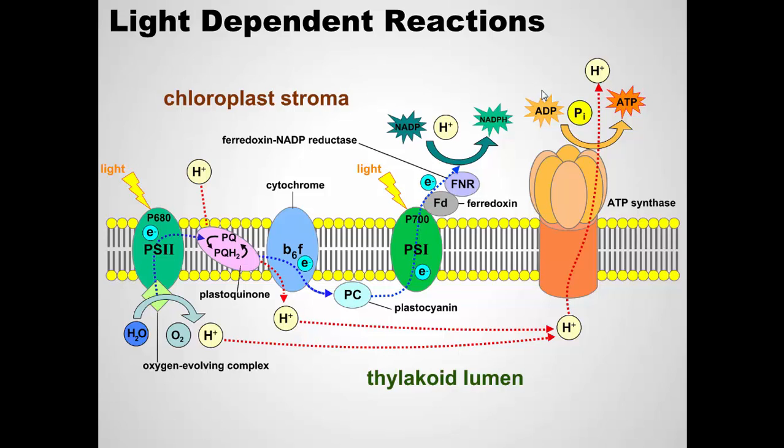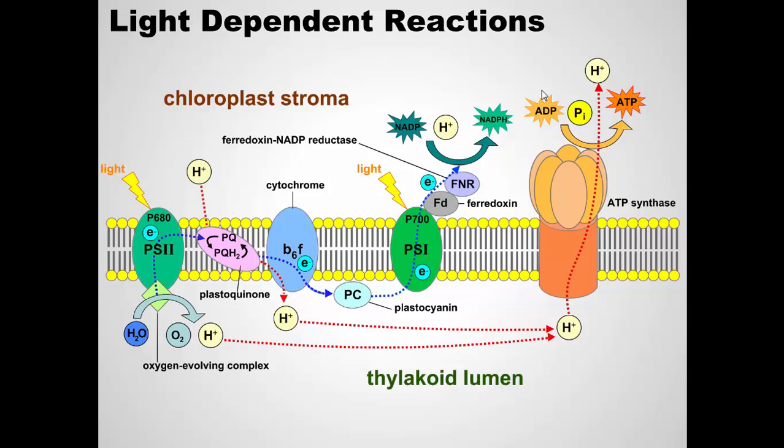Again, the hydrogen ions inside are building up as this happens, and there's a higher concentration of hydrogen here and a lower concentration here, so which way do the hydrogen ions want to go? They want to go out, so up, and when they do, they pass through this little protein called ATP synthase, and as they do, that's used to produce ATP.